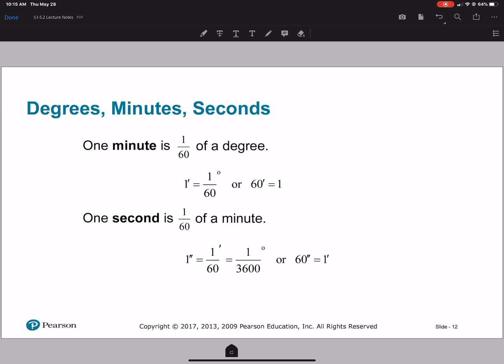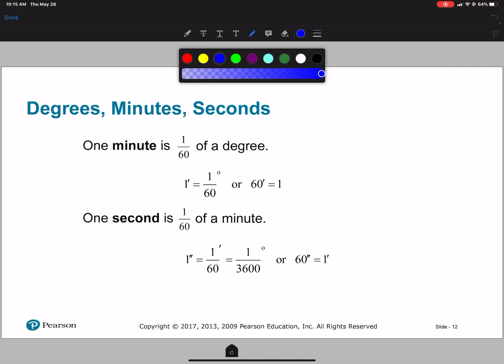So let's look at this. We have degrees, minutes, and seconds. 1 minute is equal to 1/60th of a degree. Or you can say 60 minutes is equal to 1 degree.